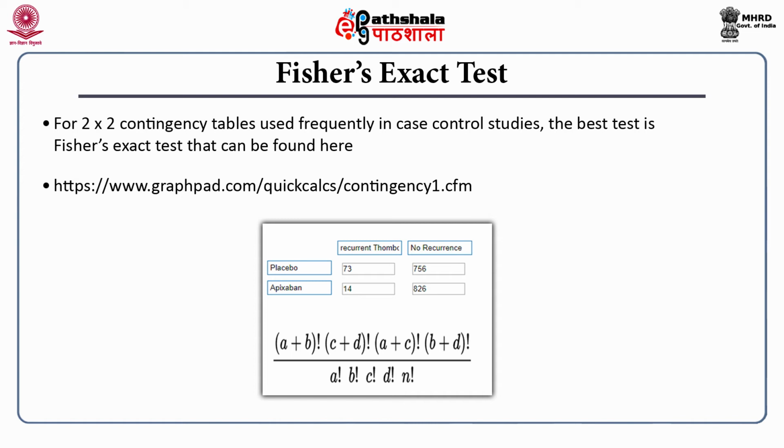Fisher's test works with a quite intuitive formula: A plus B factorial, times C plus D factorial, times A plus C factorial, multiplied by B plus D factorial, all divided by A factorial, B factorial, C factorial, D factorial, and N factorial.